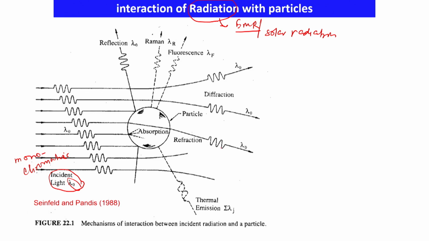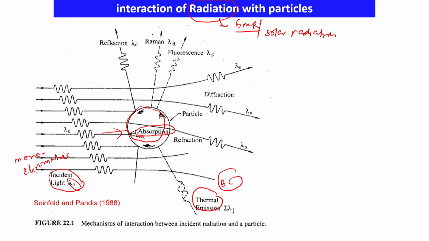Just to understand things, this is a typical atmospheric particle. Now, what will happen when the radiation interacts with this particle? It can either absorb the radiation, and if it is absorbing the radiation, it can do thermal emission, for example black carbon.